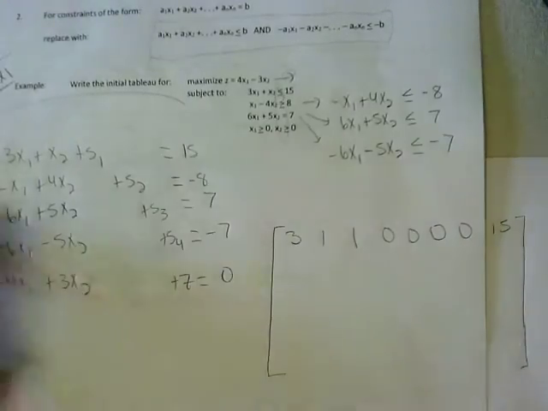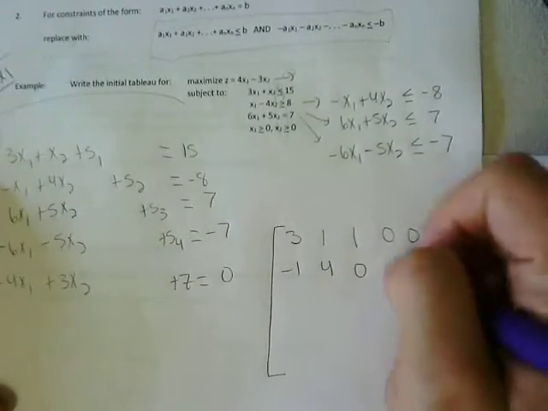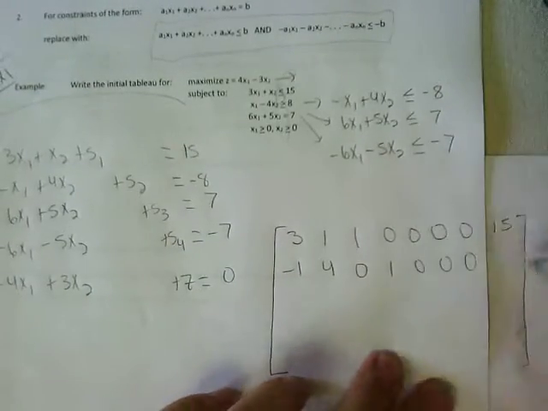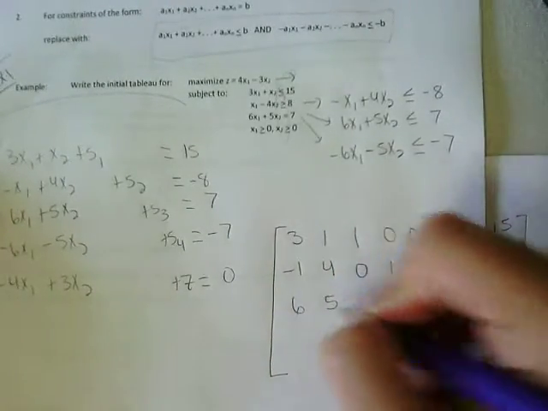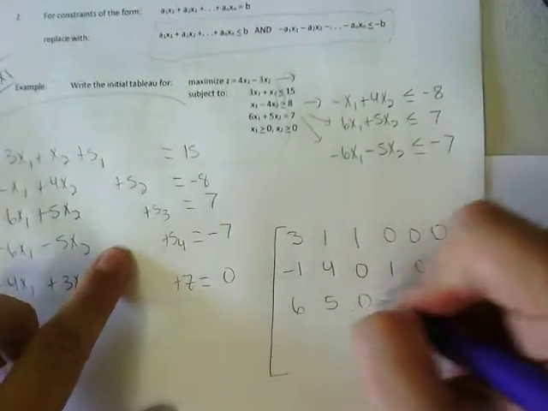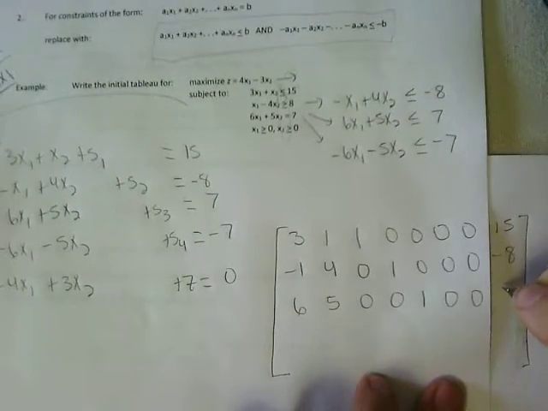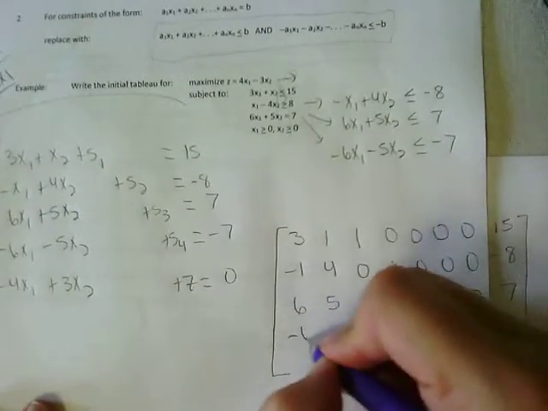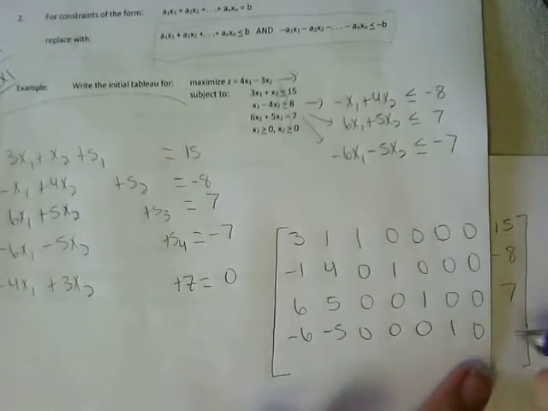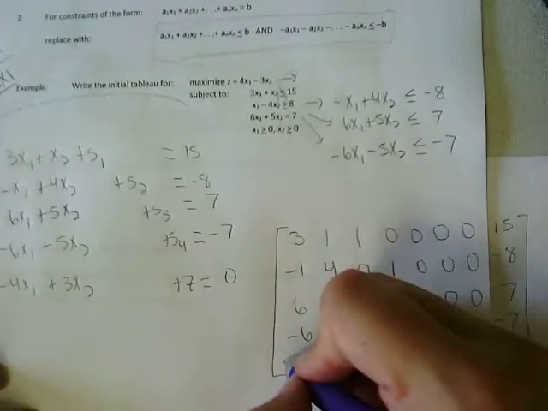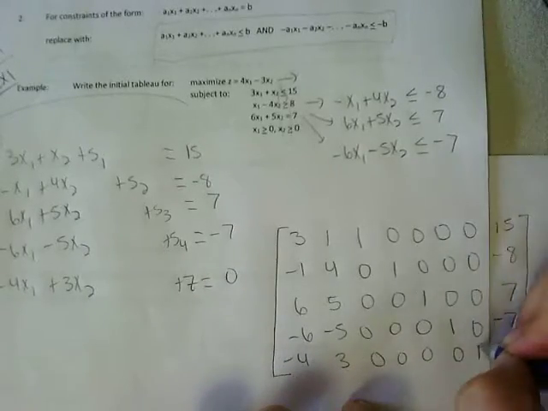All right, for this row, we have -1, 4, 0, 1, 0, 0, 0, -8. I've got 6, 5, 0, 0, 1, 0, 0, 7. I have -6, -5, 0, 0, 0, 1, 0, -7. And finally, we have -4, 3, 0, 0, 0, 0, 1, 0.